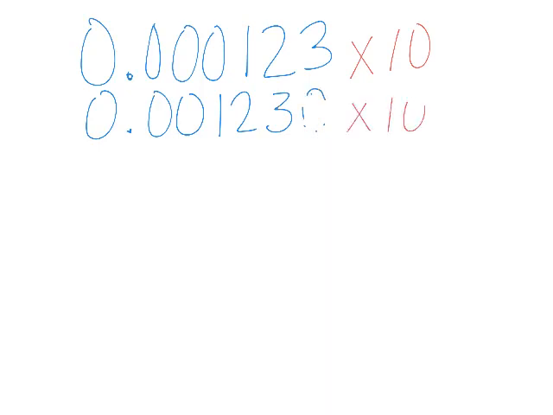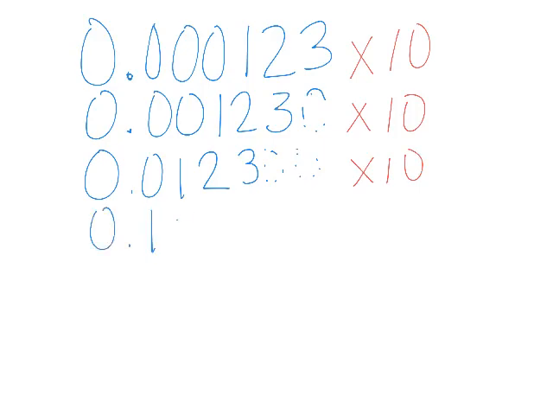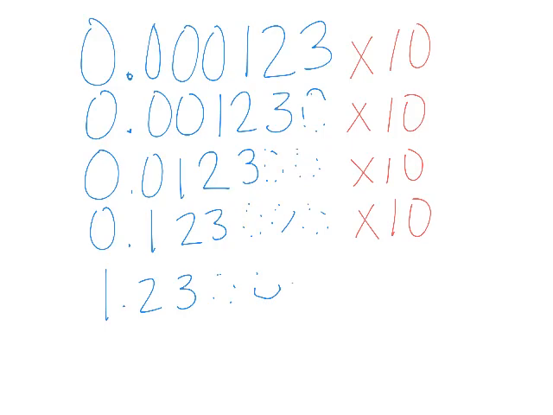Multiply that by 10. We know the pattern. Excellent. Multiply this one by 10. I'm writing these zeros kind of like a dotted because they're there, but we don't really need them there. Multiply this by 10. Multiply by 10 again.